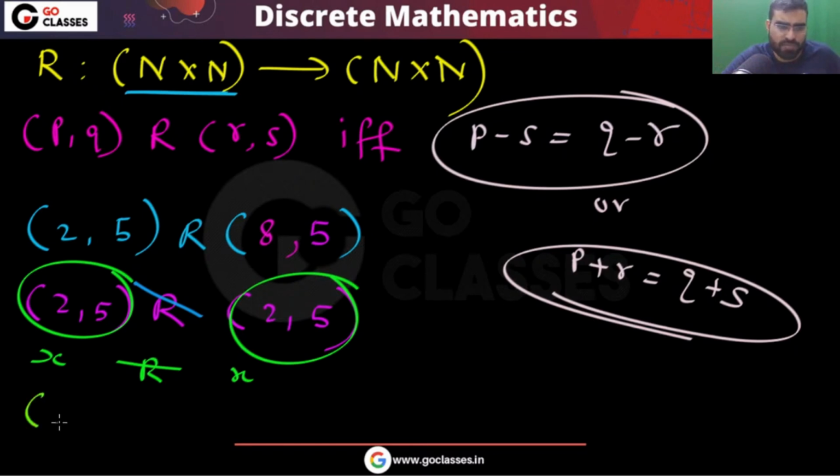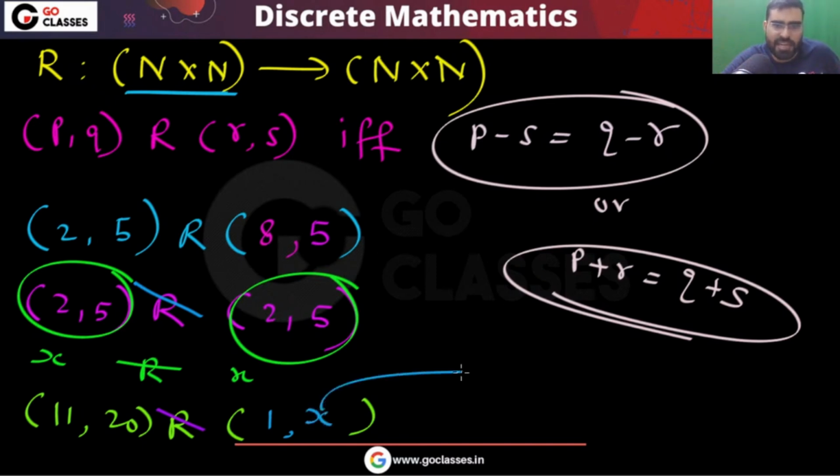I hope you understood. Whatever you take, for example, I can say (11,20), that is related to what? See, (11,20) is not related to (1, anything). Whatever you can put, you can put anything.